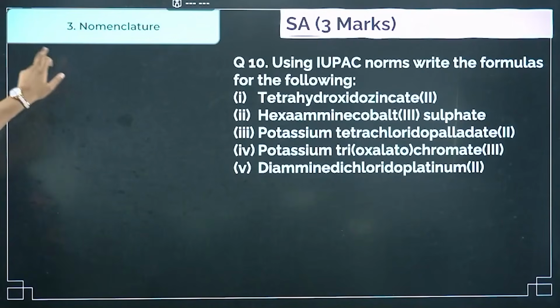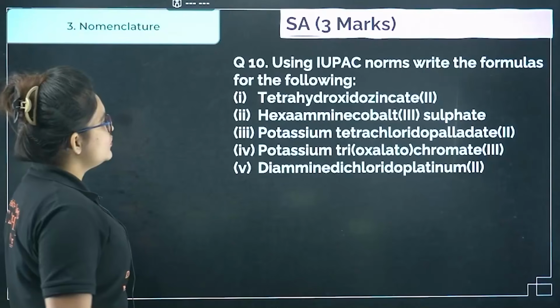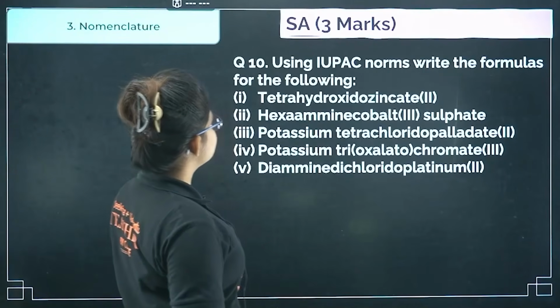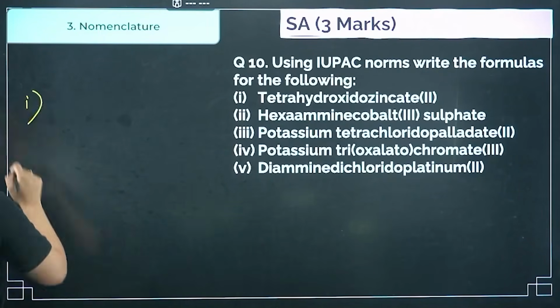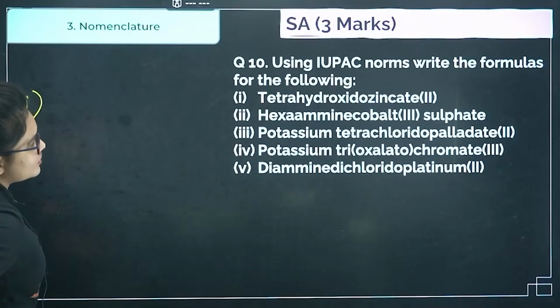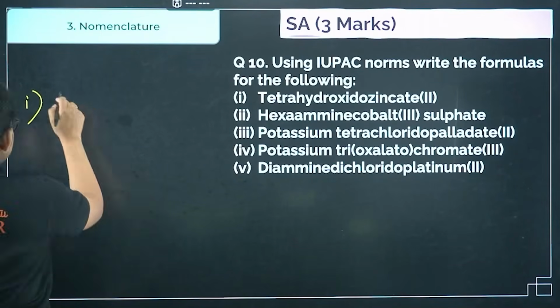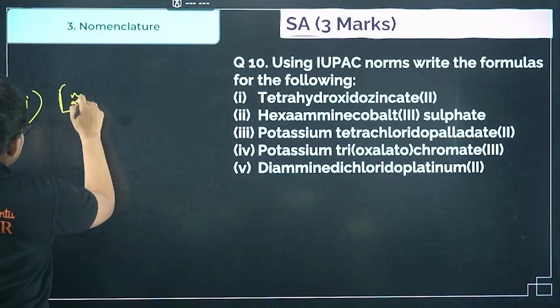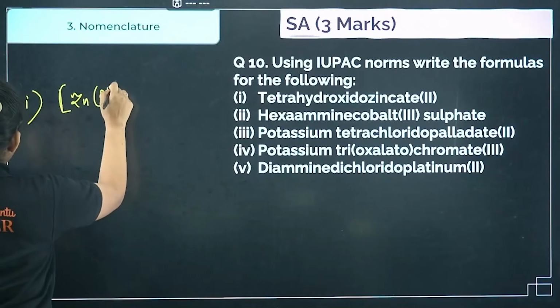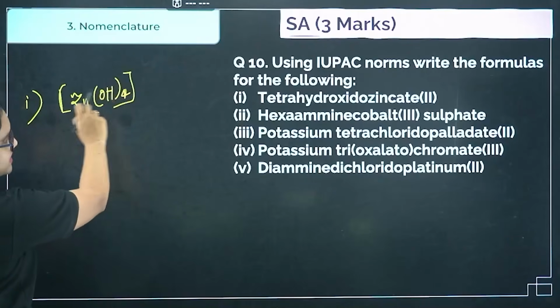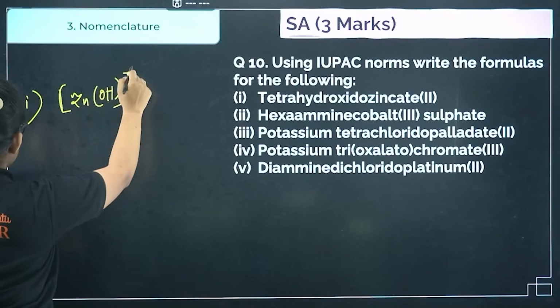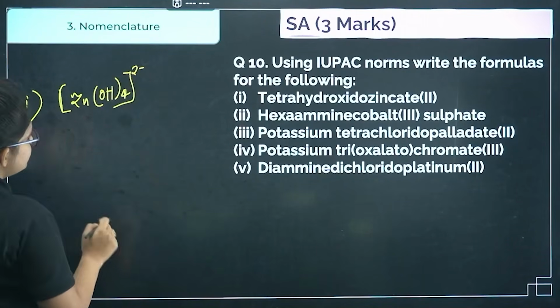Let's proceed. Okay, using the IUPAC norms, write the formulas for the following. One by one we will write. First one, you can see tetrahydroxidozincate(II). Okay, so Zn with OH 4. So zinc oxidation state must be +2, right? So here I will be having 2 minus, right?